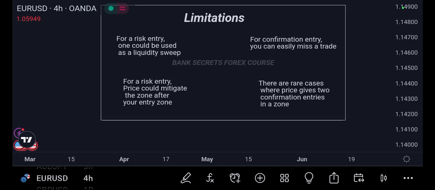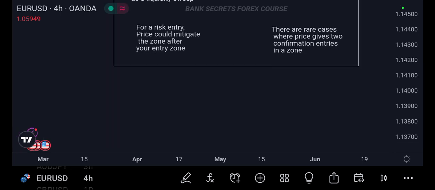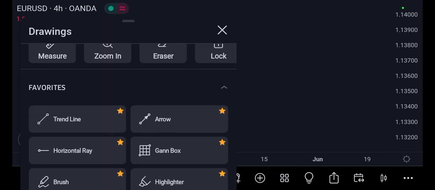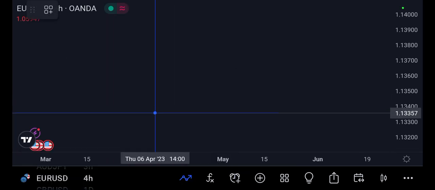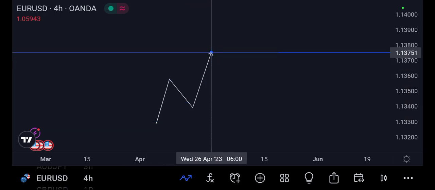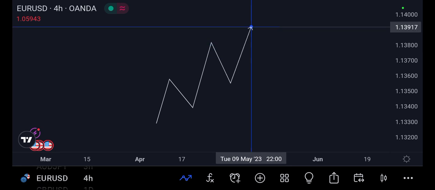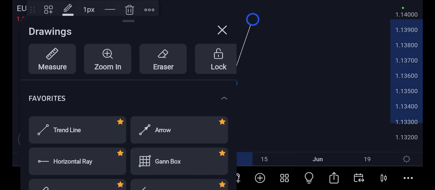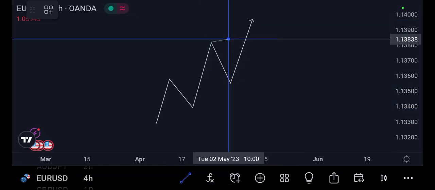Now let's talk about another one for risk entry. Price could mitigate the zone after your entry. Okay, I talked about that. Let's say we're in an uptrend. Okay, let me use uptrend this time. I used downtrend for the last one. Let's say we're in an uptrend. Right here, we have a break of structure.